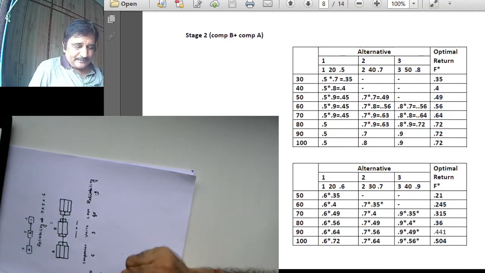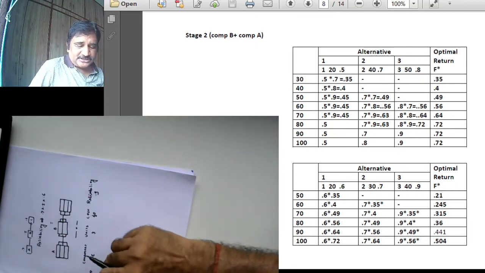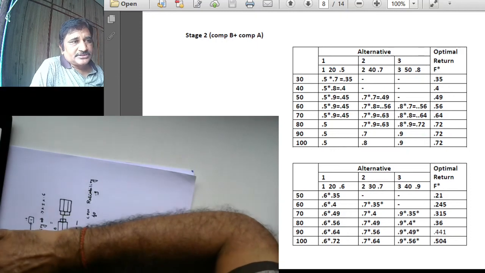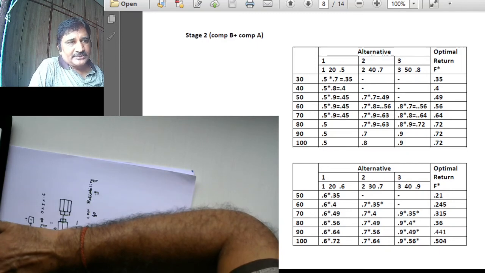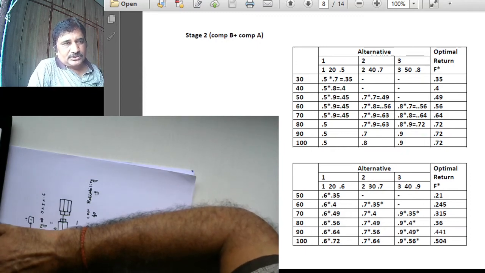60 rupees. Now with this 60 rupees, I will go to the previous stage wherein there is consideration of B and A together. So in 60 rupees, as you are seeing here, the best reliability I am getting is 0.56, and that is because of the third or second alternative. You choose any one of these at a time.